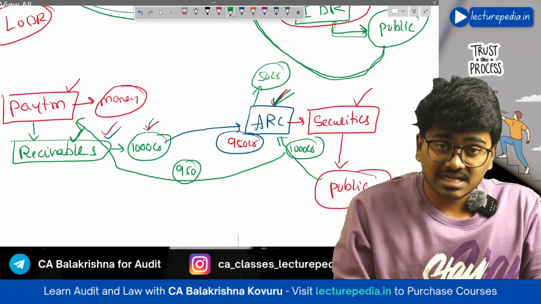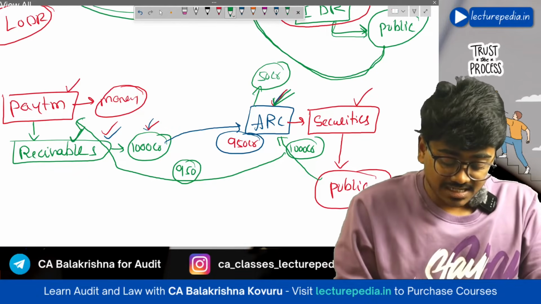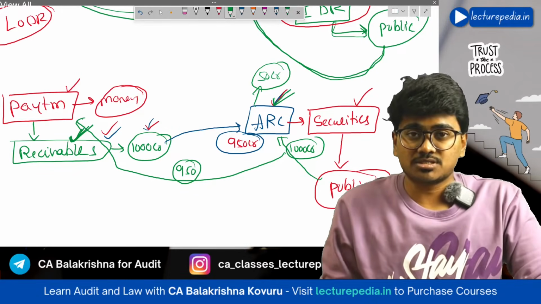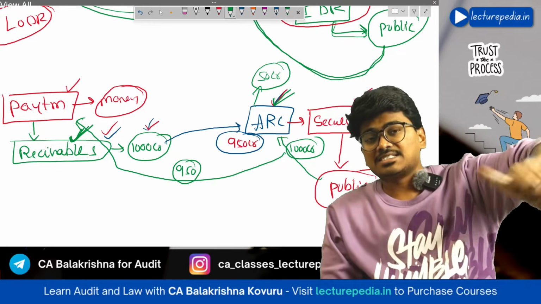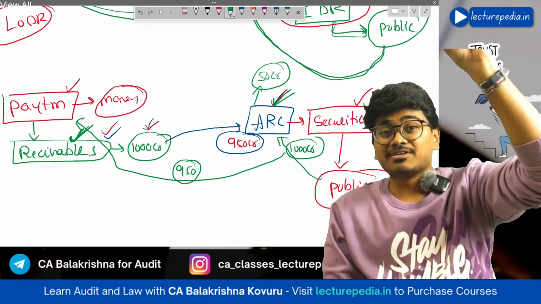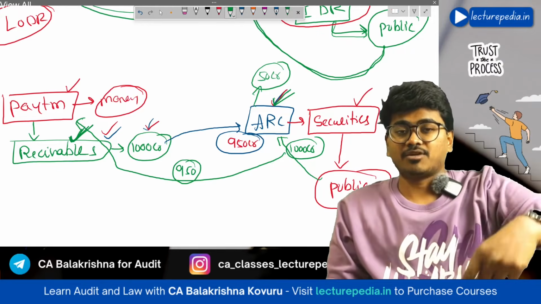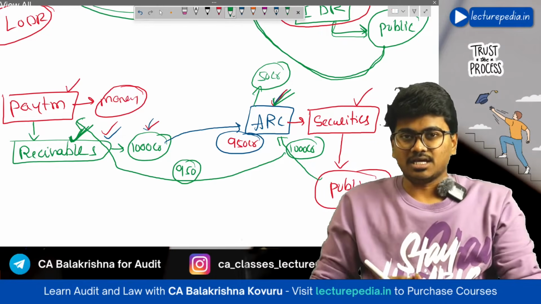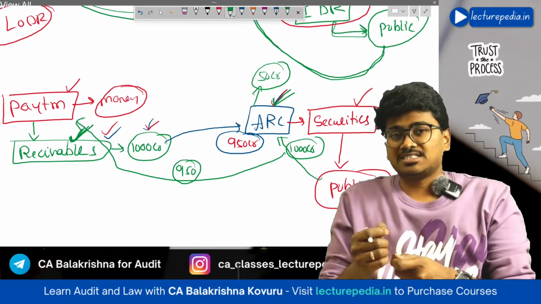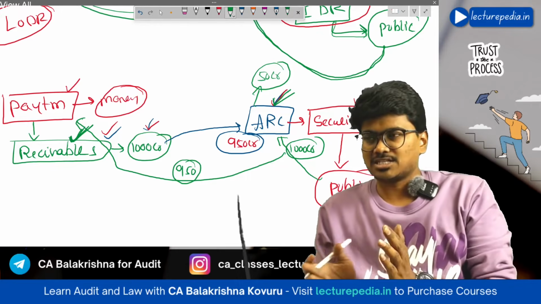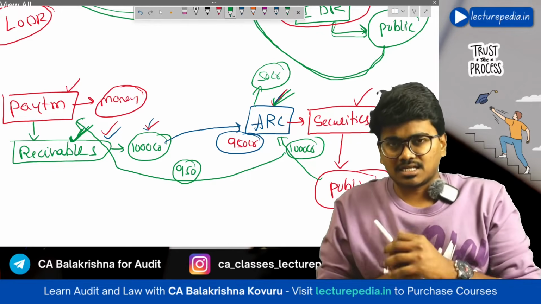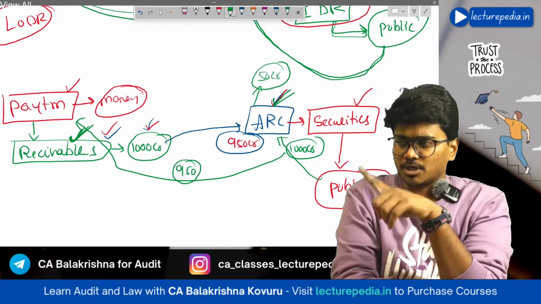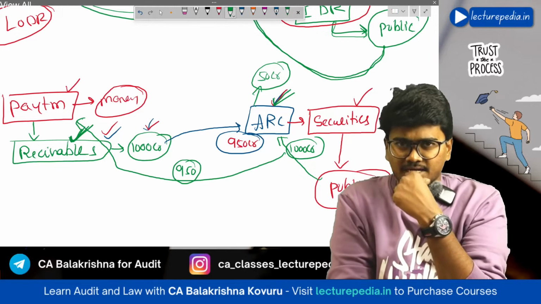Now, the asset reconstruction company will realize these receivables. It will approach each and every borrower and collect the amount from the borrower by reconstructing their debt. It will give some exemption. Let's say a particular borrower has to pay 100 crore. The asset reconstruction company will say, okay borrower, you have to pay 100 crores, right?